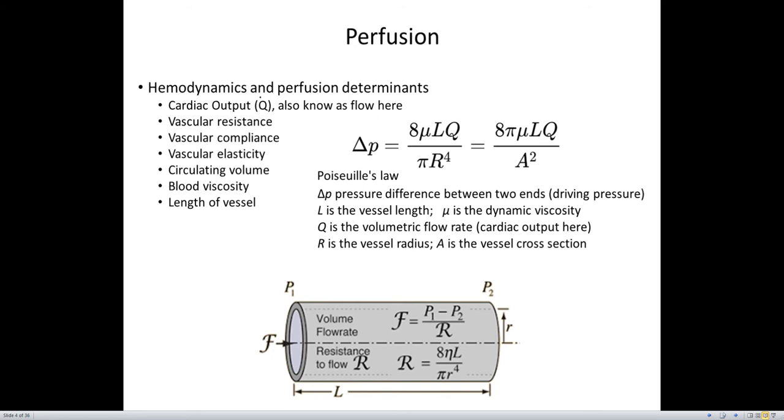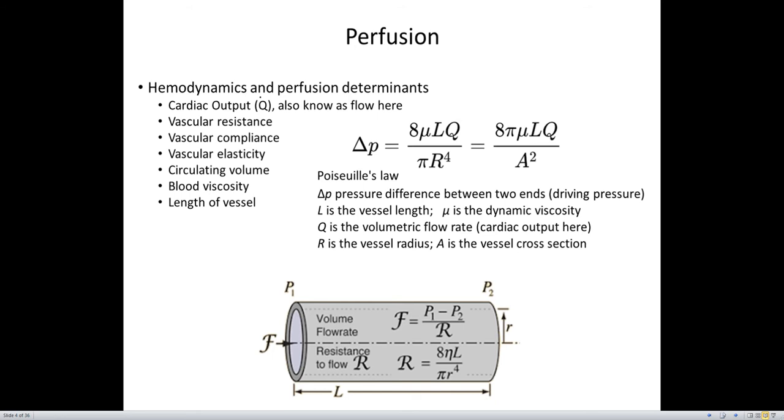So all of these can be basically communicated with an equation, Poiseuille's law. And in this equation, the change in pressure is basically the difference between two ends. So in this situation, we can talk about the pressure at the aorta and the pressure at the capillary, where blood flow eventually ends in the point where gas exchange will occur.